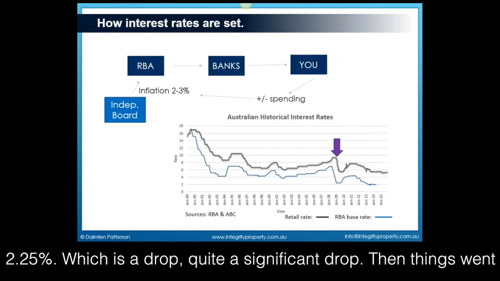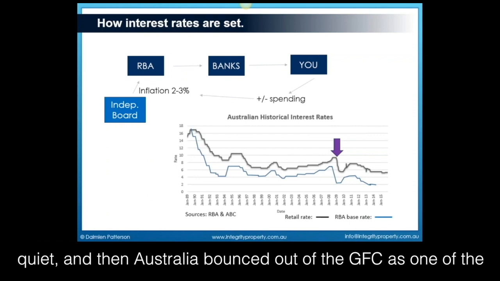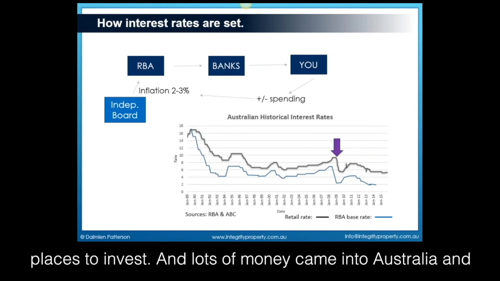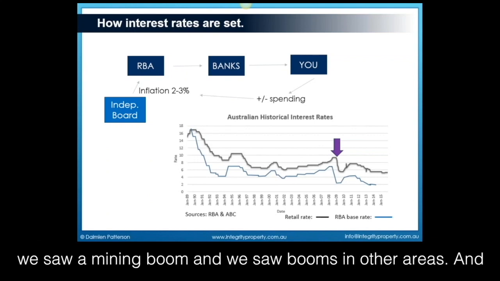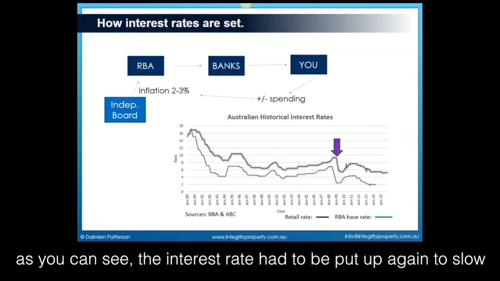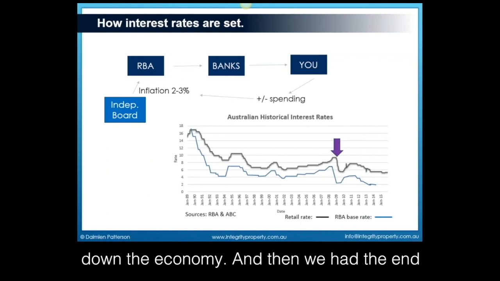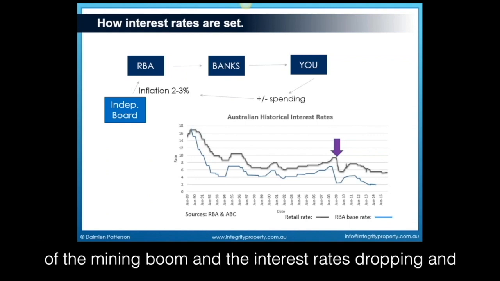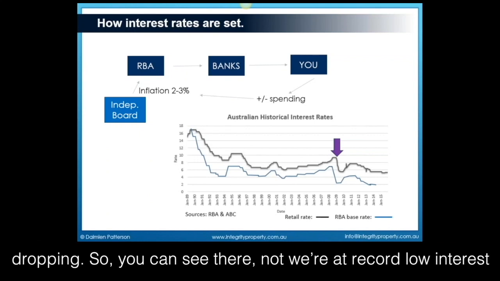Then things went quiet and then Australia bounced out of the GFC as one of the places to invest. And lots of money came into Australia, and we saw a mining boom, and we saw booms in other areas. And as you can see, the interest rate had to be put up again to slow down the economy. And then we had the end of the mining boom and the interest rates dropping and dropping. So you can see there now we're at record low interest rates.